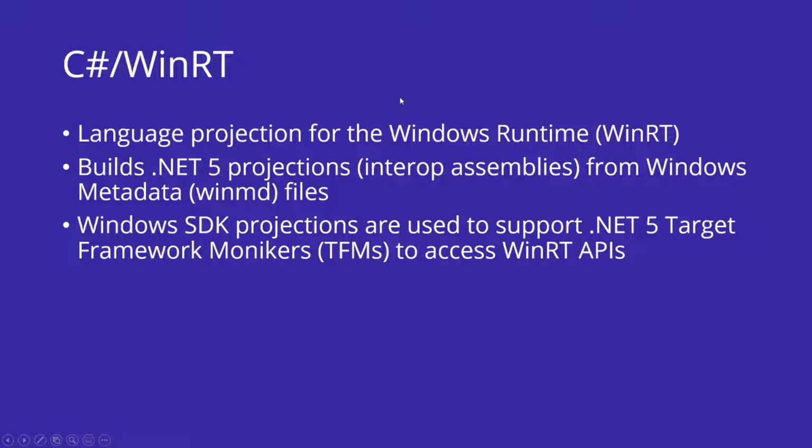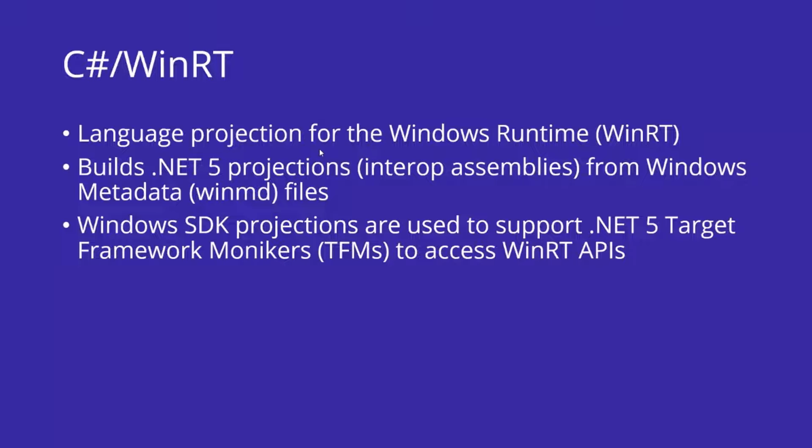And as Mike was mentioning before, C# WinRT is a language projection for the Windows runtime. And a language projection is an interop assembly. So what C# WinRT does is we build these projections from Windows metadata files.